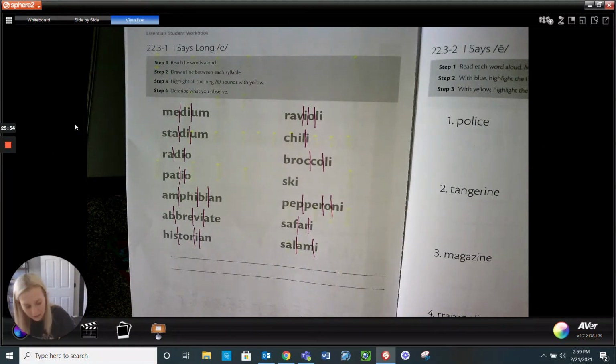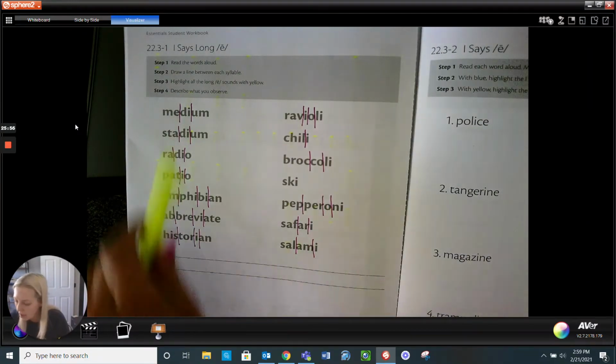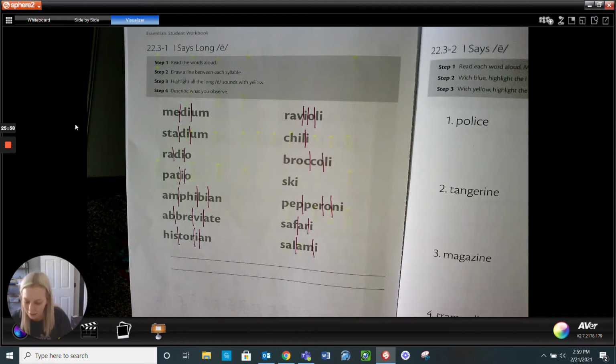All right, and now we're going to highlight all the long E sounds with yellow.